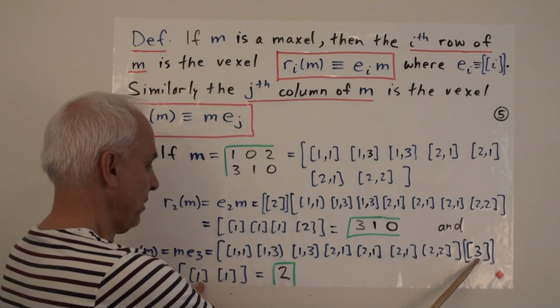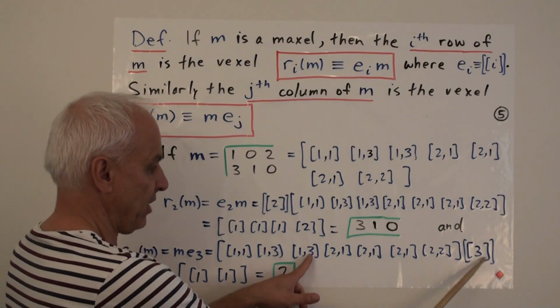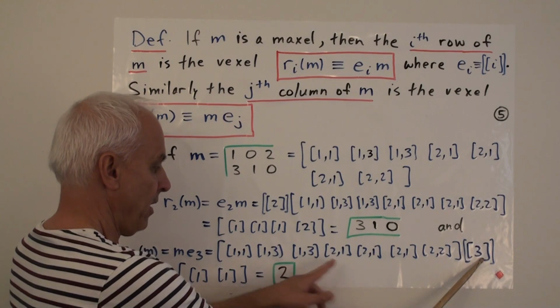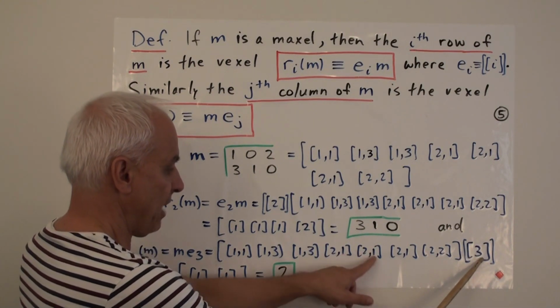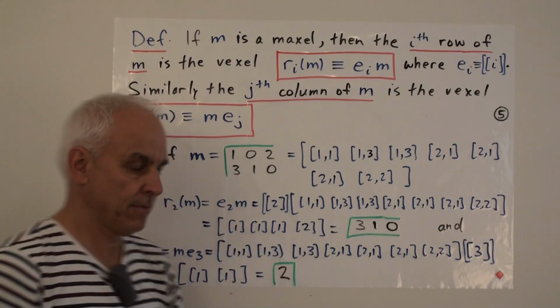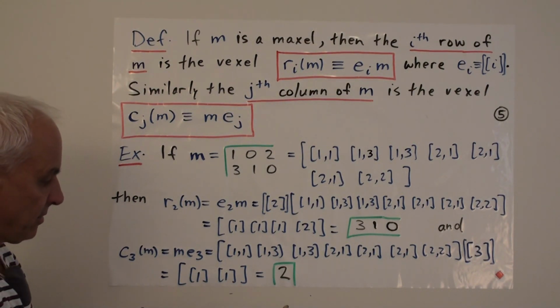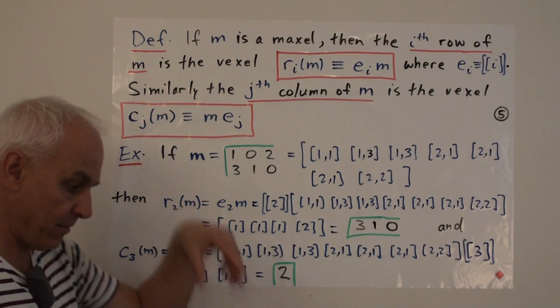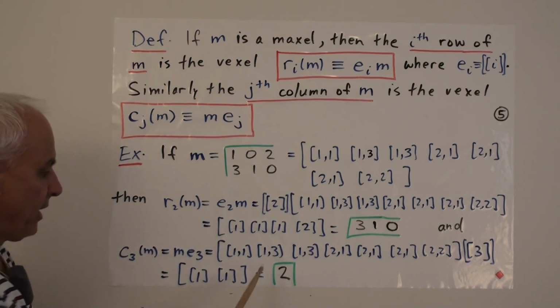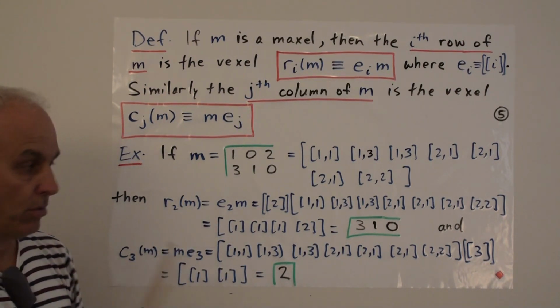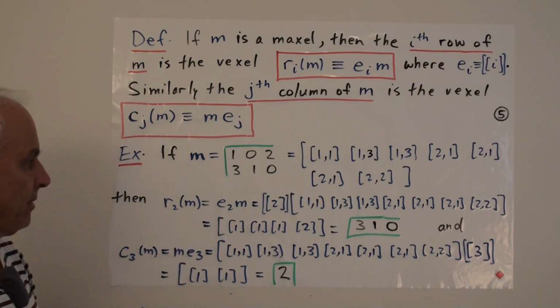We get 1. Here also, this second 3 agrees with that 3, so we get 1. Here there's no correspondence, emptiness, emptiness, emptiness, emptiness. We just got a pair of 1s, which, when we write it down as a vexel in column form, is the vexel 2, or 2, 0, it's the same thing.